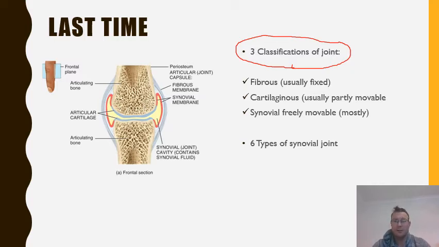We consider those to be fibrous, the fixed joints of the skull, the pelvis, maybe even the ones between the sternum; the cartilaginous joints, ones that might be considered partly movable, so we looked at things like the intervertebral discs. Also the joints between the sternum and the ribs, the sternocostal joints, would be considered cartilaginous. And then we looked in greater depth at synovial joints.